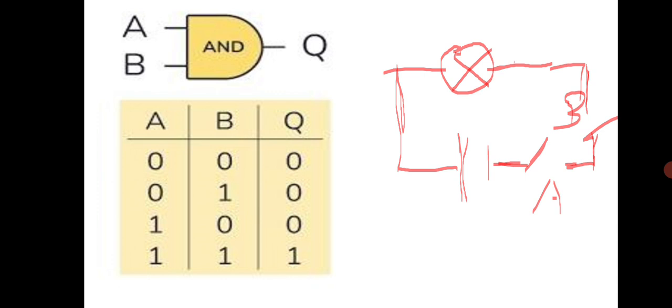So let's suppose that switch A is open, which is 0 here, as well as switch B is also open, which is 0 here. The bulb will not give light.